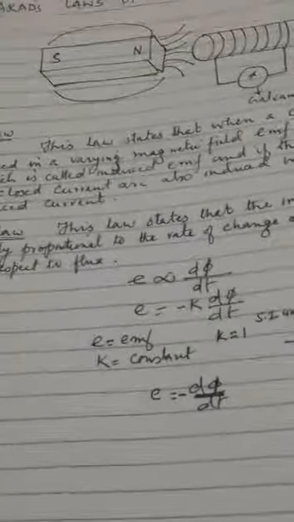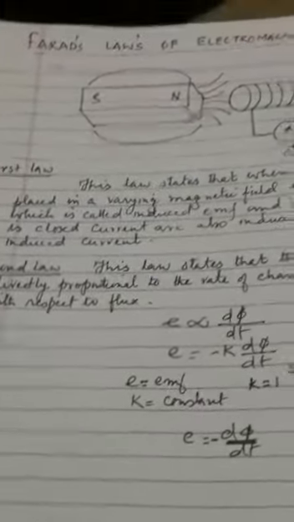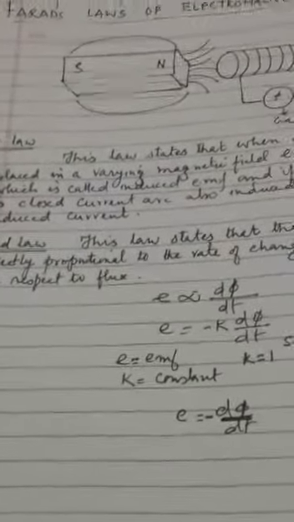But here the point is, why is it minus? This minus sign is given by Lenz's law, which is related with Faraday's law. Let me give you a hint about Lenz's law.